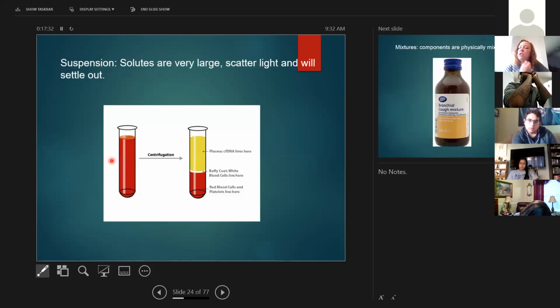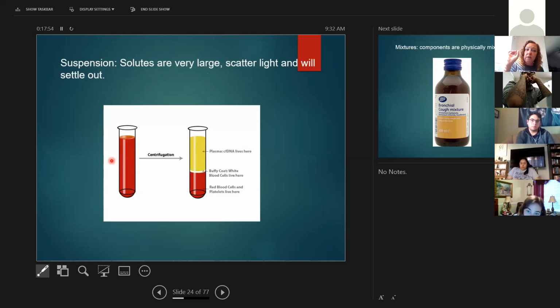Finally, we have a suspension where the particles are suspended. A great example of suspension would be our blood. We have the fluid part of our blood, which is plasma or serum, depending on if it has clotting factors. And we have cells, and the cells are suspended in the blood.